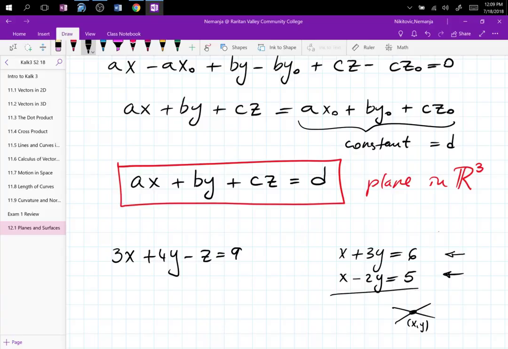Now, when you go to the 3D environment, you will have 3 variables and you will have 3 equations. What you are doing in that case is you are intersecting 3 planes looking for a point of intersection x, y, z. That's the corner of your classroom. This classroom has 8 corners. There's a corner in the top over there and a corner on the bottom. That's 2.